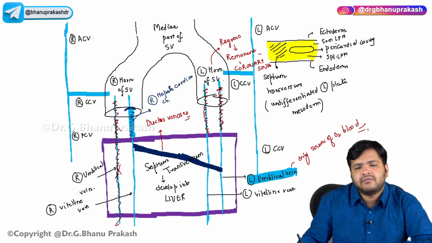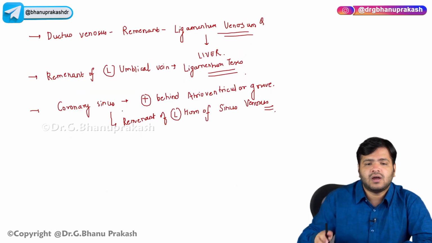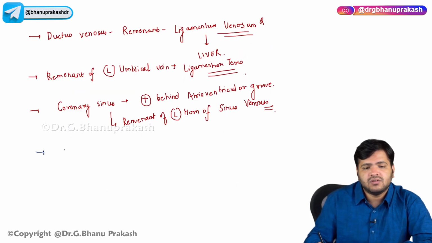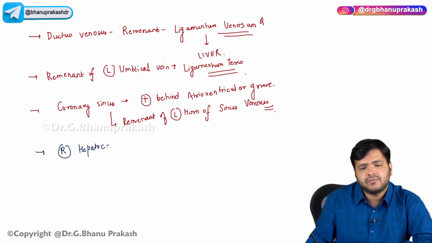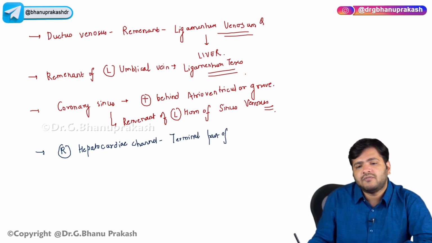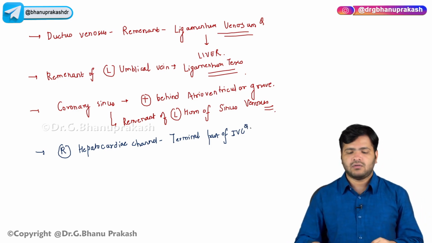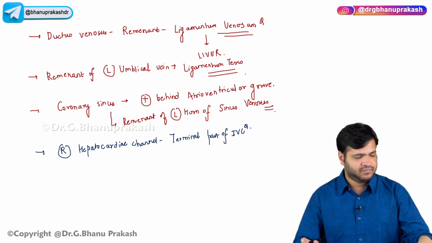Hepatocardiac channel, right hepatocardiac channel, it will give rise to, okay. Now this right hepatocardiac channel, again mention in your notes, it will give rise to the terminal part of the inferior vena cava.